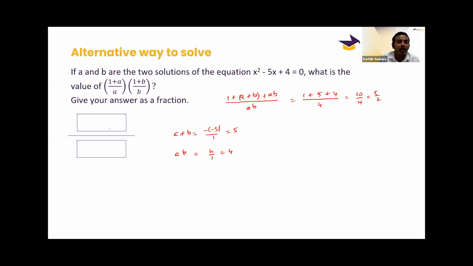Here, if you observe, there are two boxes, one in the numerator and one in the denominator, so you can write 5 in the numerator and 2 in the denominator, right? Cool. As I told you, we need alternate ways to solve this, right?